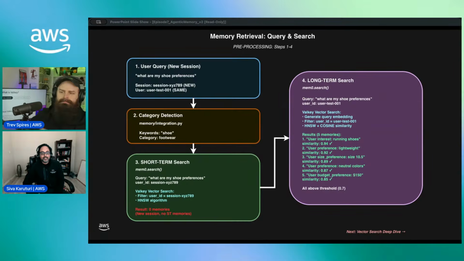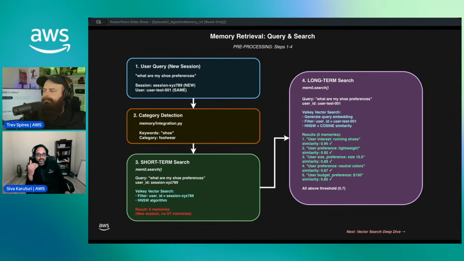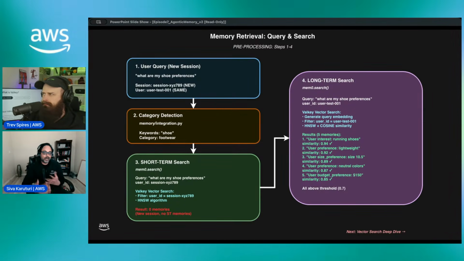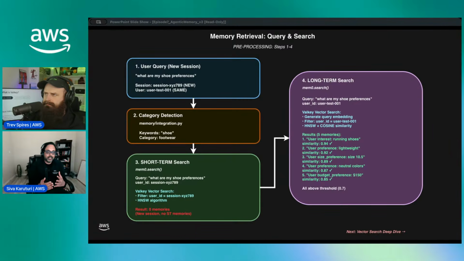Now, one of the things, right? When we first enter a chat session, in this example, you are a user, you logged in, and you came back after 2 weeks. Just imagine that. You're conversing using a chatbot. You talked about all your preferences, and then you came back after a couple of weeks.